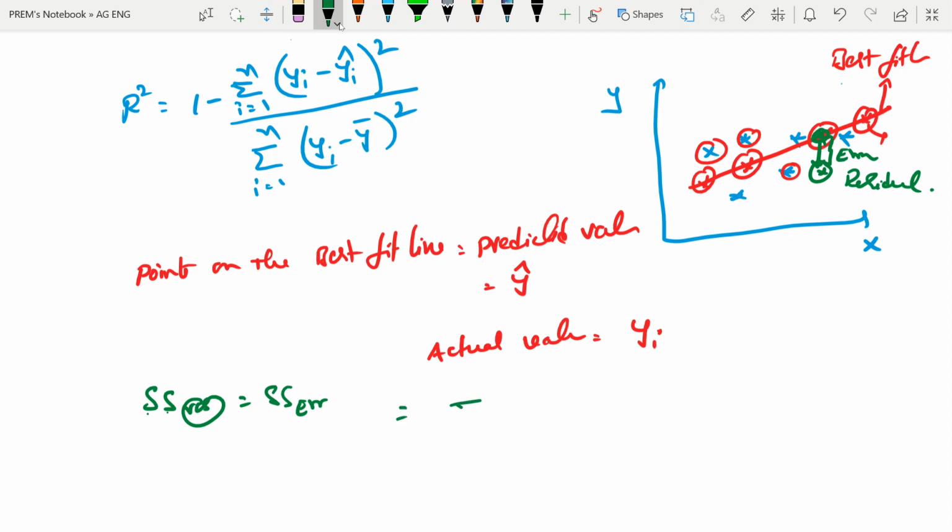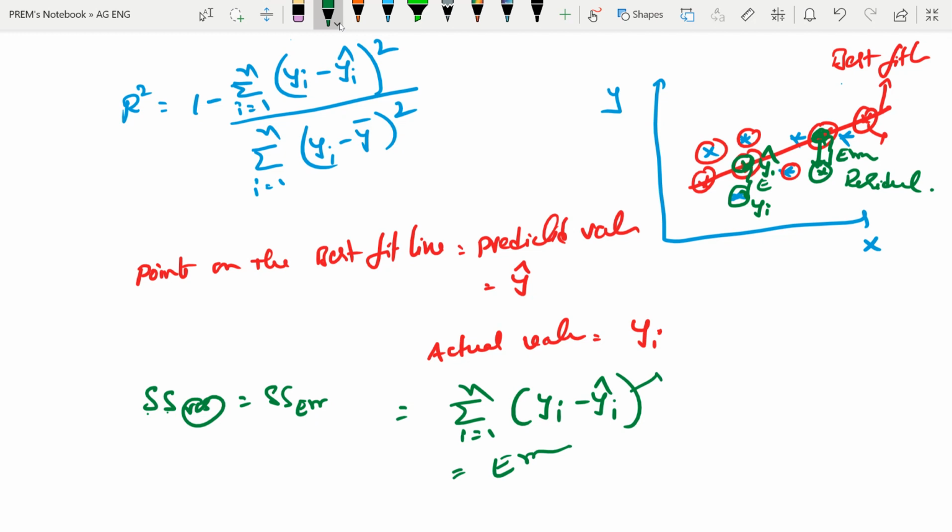The sum of the residuals can be defined by sigma i equals 1 to n, yi minus y hat. What is the error here? This point is yi and this point is yi hat, and the difference is the error.